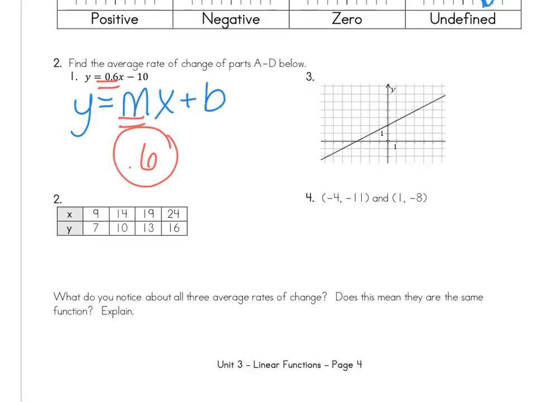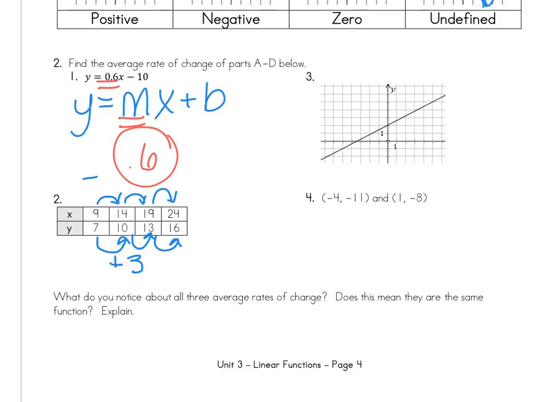That's it. Okay, number 2, we have a table, which I love. And what we're trying to find in tables is patterns. So how are my y's changing? So how do I get from 7 to 10, 10 to 13, 13 to 16? I'm adding 3 every single time. All right, what's going on with my x's? How do I get from 9 to 14, and 14 to 19, and 19 to 24?